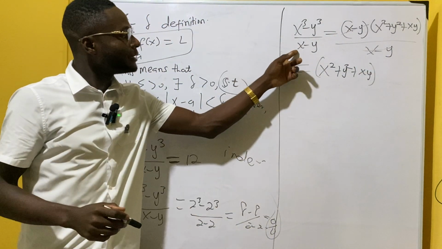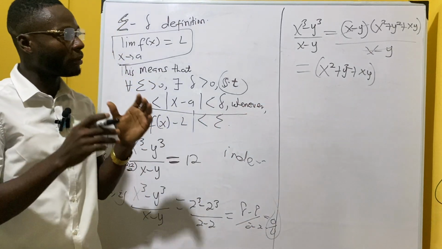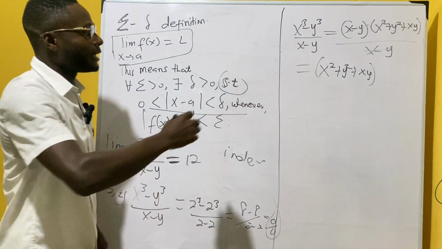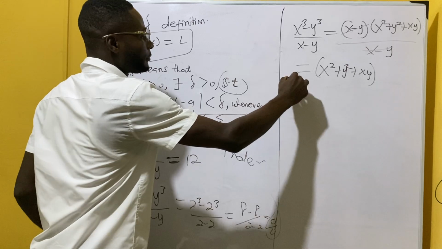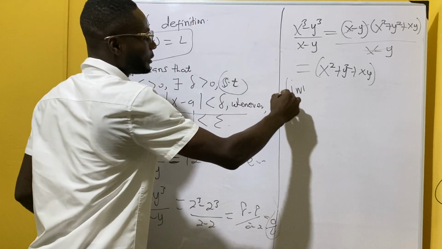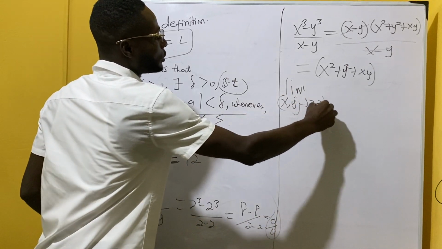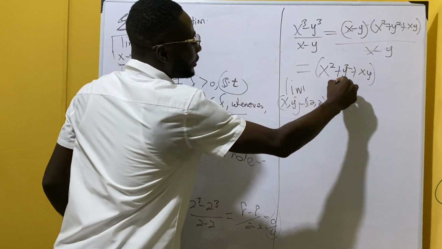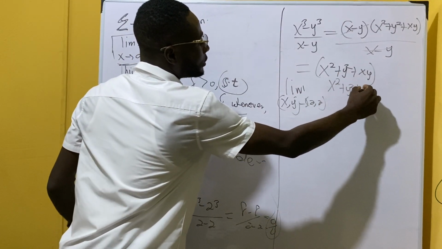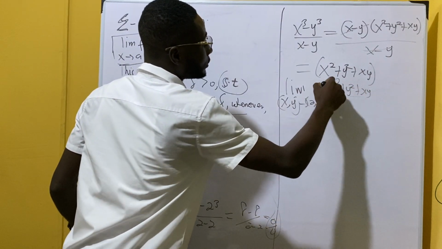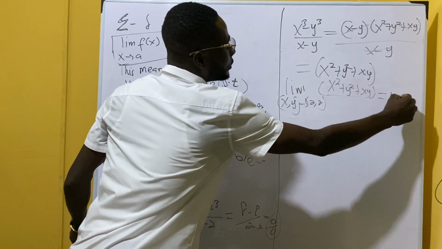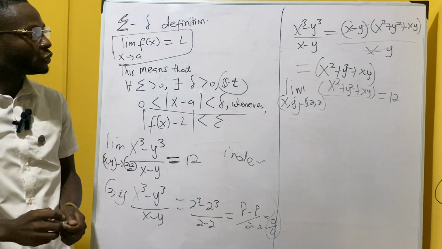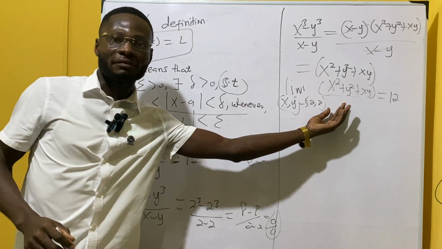So now we can write the limit as (x, y) approaches (2, 2) of the function.